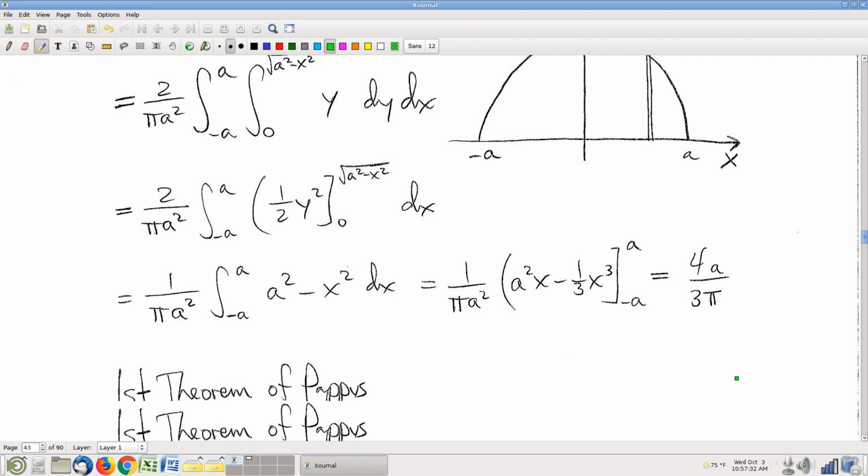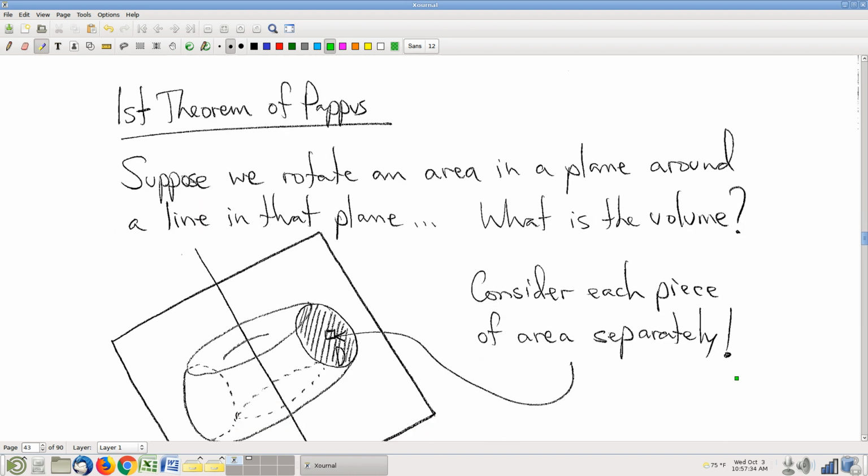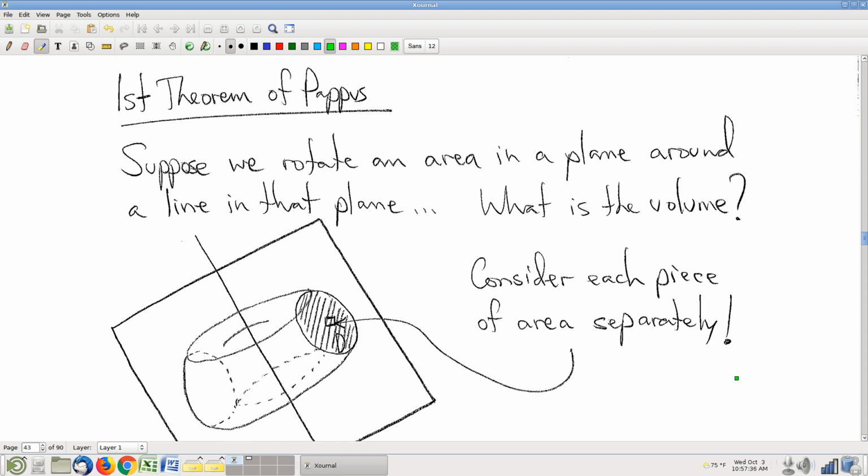All right. Okay, Pappus's theorem. This is great. Books, by the way, very often write this as the Theorem of Pappus instead of Pappus's theorem, because no one's 100% sure whether there should be an apostrophe or an apostrophe S. I've seen books that write Pappus apostrophe, and I've seen books that write Pappus apostrophe S. It's subjective.